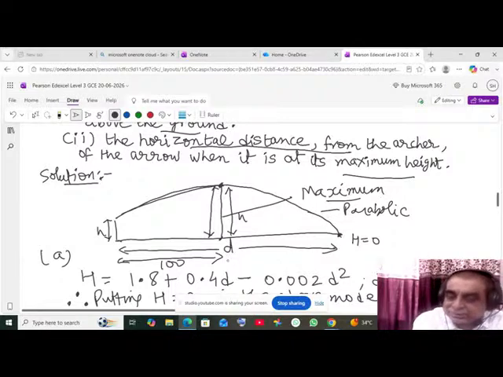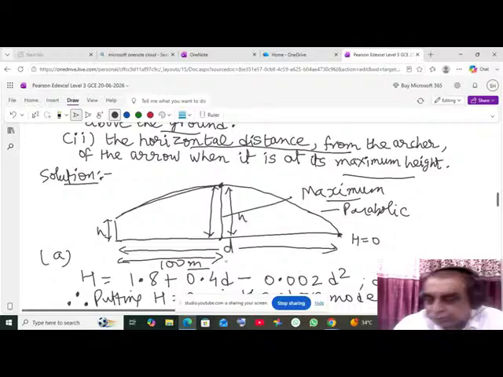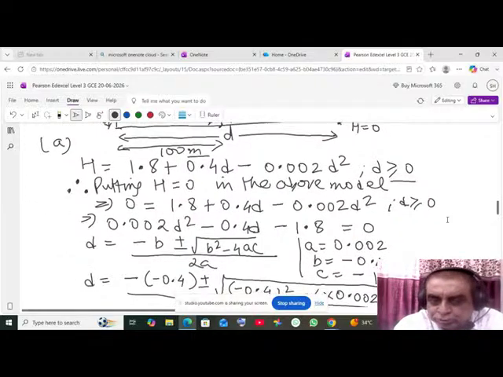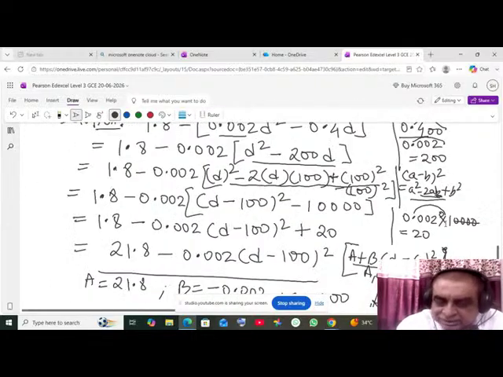That distance we have already found out, d. When the arrow is at the maximum height, the horizontal distance is 100 meters, which we have already calculated. So that is the answer of the second part.